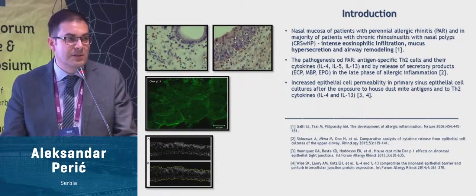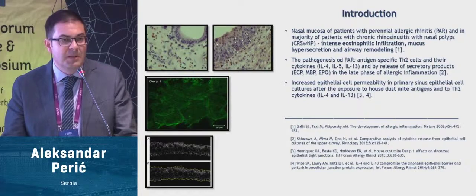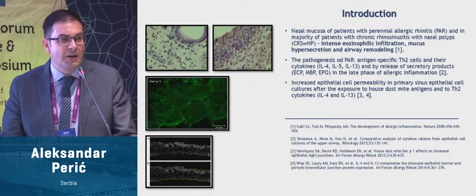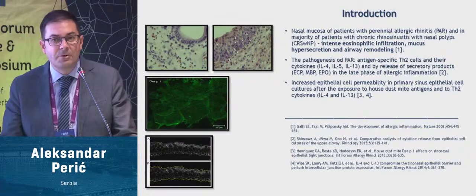Previous investigations showed increased epithelial cell permeability in primary sinus epithelial cell cultures after exposure to house dust mite antigens and to Th2 cytokines, especially interleukin-4 and interleukin-13.